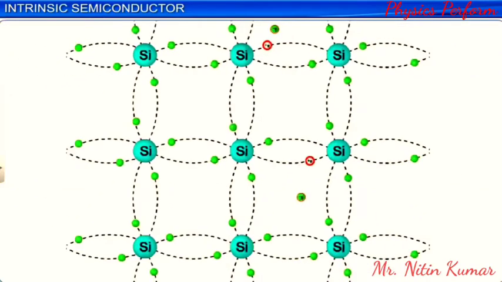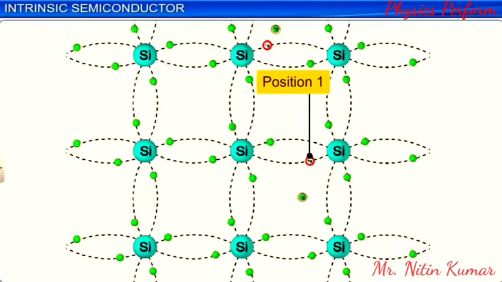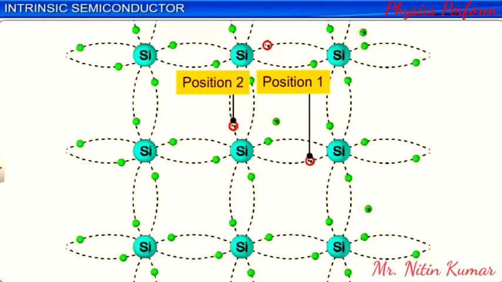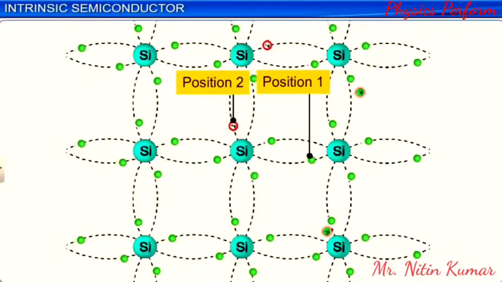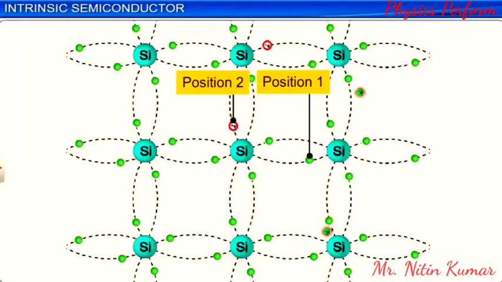Consider a hole or a vacancy at position 1 in the crystal lattice of a semiconductor. Now, an electron from position 2 can jump to occupy the vacancy at position 1. This fills the vacancy at position 1 but creates a vacancy or a hole at position 2.